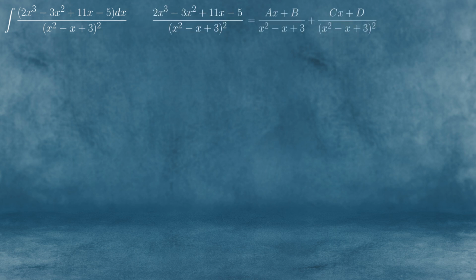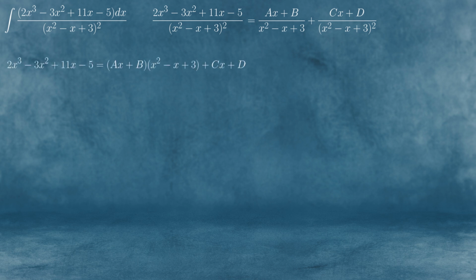Thus, by using partial fractions, we can express this proper rational function as Ax plus B divided by x squared minus x plus 3 plus Cx plus D divided by x squared minus x plus 3 squared.